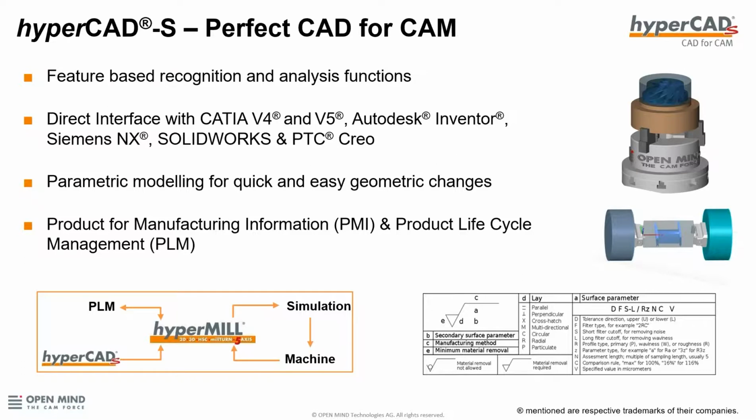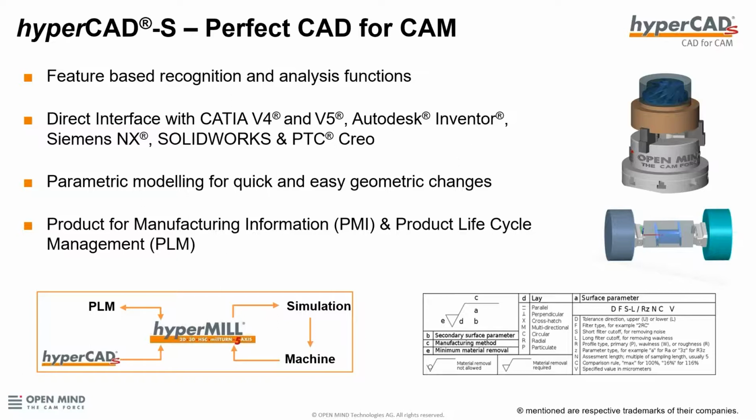So you can recognize various features that are in your impellers and blisks. The analysis function provides information on critical geometrical parts. So in case of impellers, functions are available to check whether the blade can be flank or point milled. So depending upon the surface, you can choose the strategies.